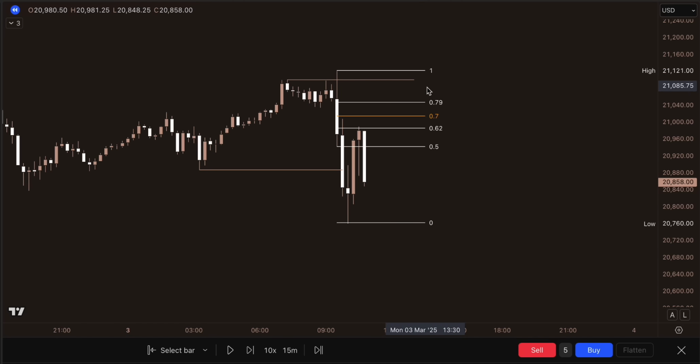But remember the steps. It's a 4-step process, and that 4-step process only includes the steps of a breaker block, which comprises of a high, a low, a higher high, a lower low.